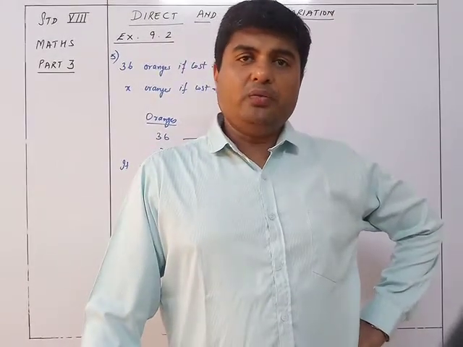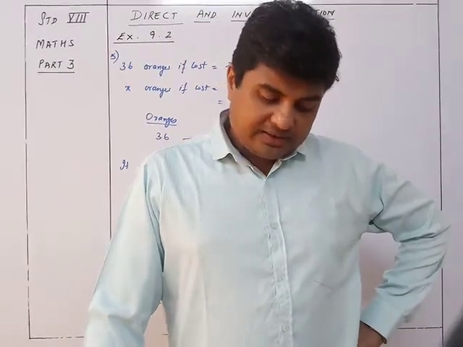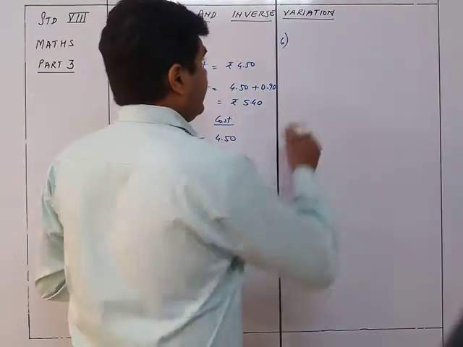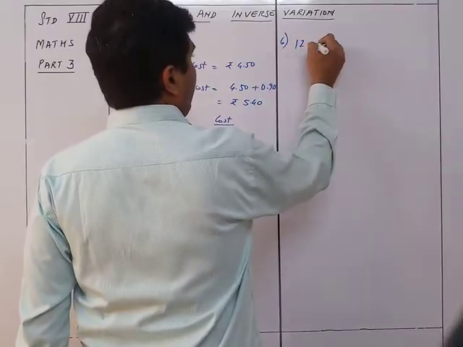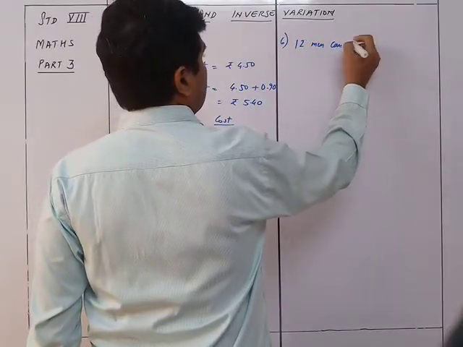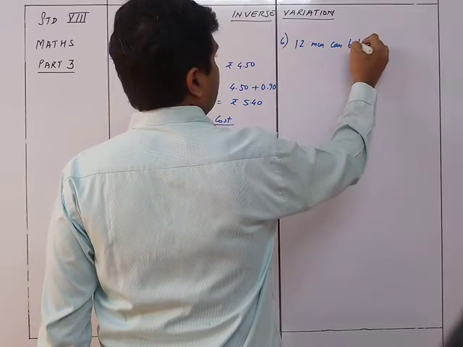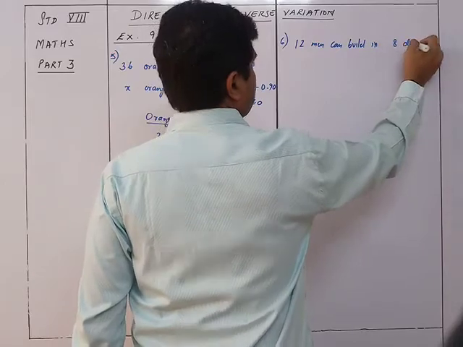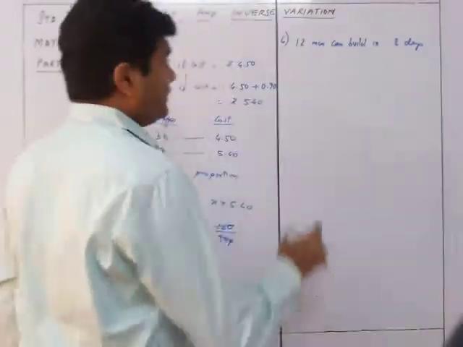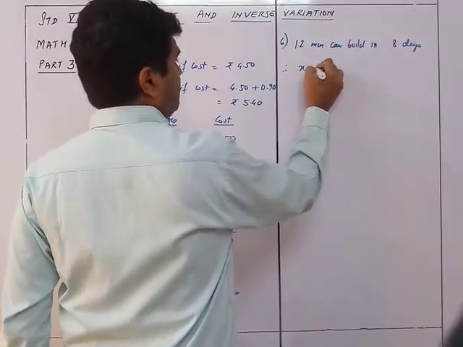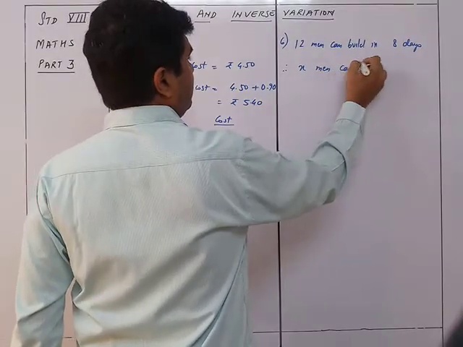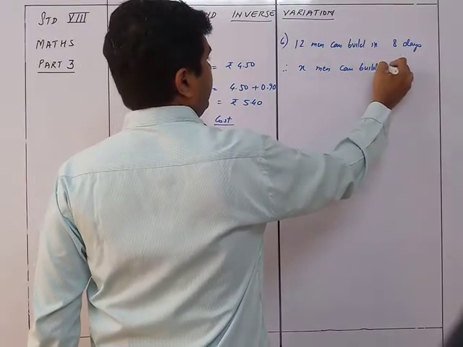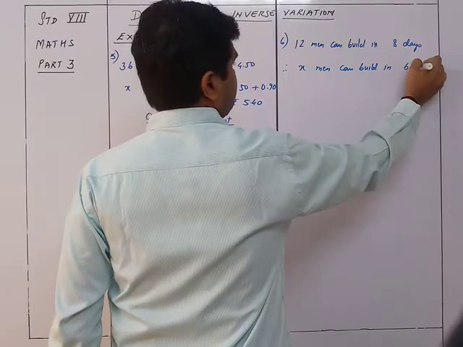So how many men will complete it in 6 days? So you can say 12 men can build it in 8 days. Therefore, X men can build it in 6 days.